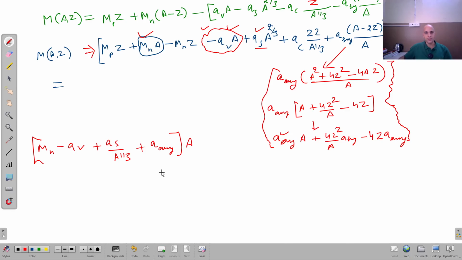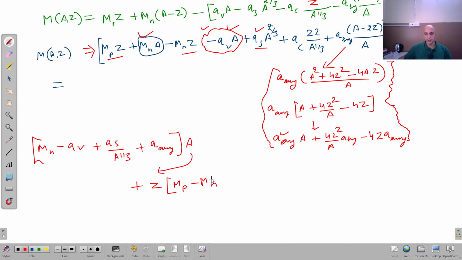Then I have a plus, next to it, now I am taking Z common, Z terms. So I am getting MP, mass of proton, right, first term. Then the second term, that is minus mass of neutron, so minus M N, Z is common.